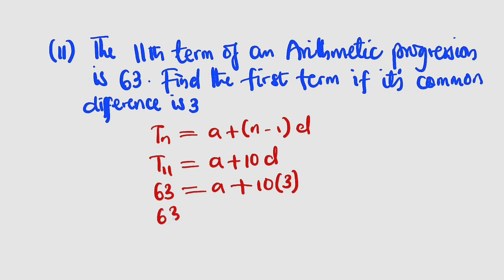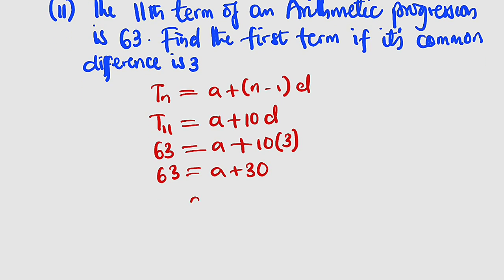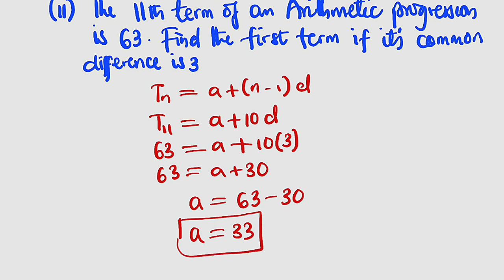So we have that 63 is equal to a plus 30. And to find the value of a, we subtract 30 from both sides. So we have 63 minus 30. And 63 minus 30 is equal to 33. And hence the first term of this arithmetic sequence is equal to 33.